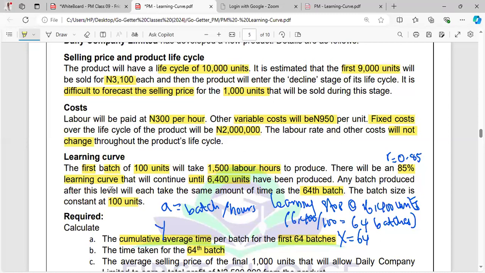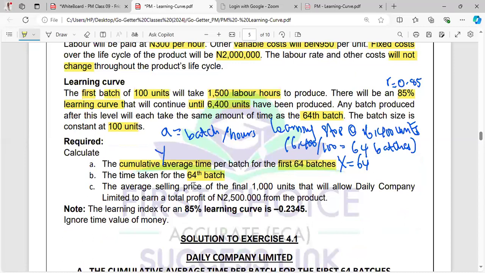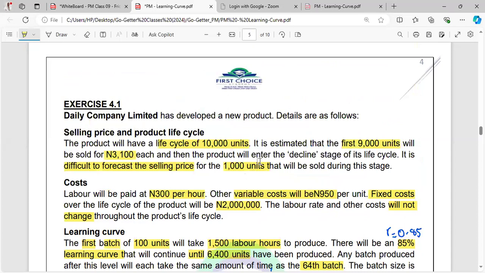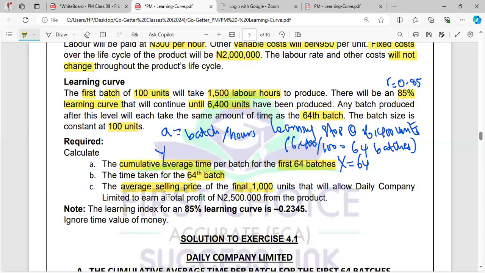We'll go to C, the average selling price of the final 1,000 units. So you see, it was difficult to forecast the selling price for the 1,000 units. And now they are asking us to find the average selling price of the 1,000 units that will allow Daily Limited to earn a total profit of 2,500,000 from this product.